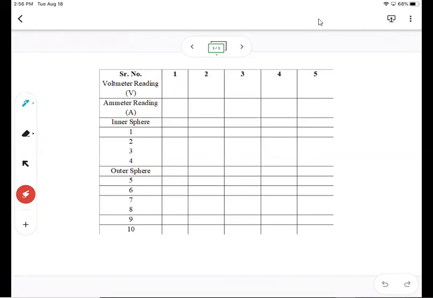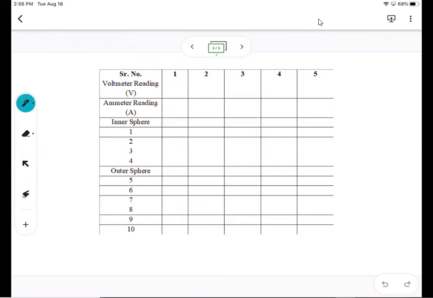Then we take the voltage reading and ammeter reading. Then we start taking the temperatures T1, T2, T3, T4, then the outer sphere T5, T6, T7, T8, T9, T10.